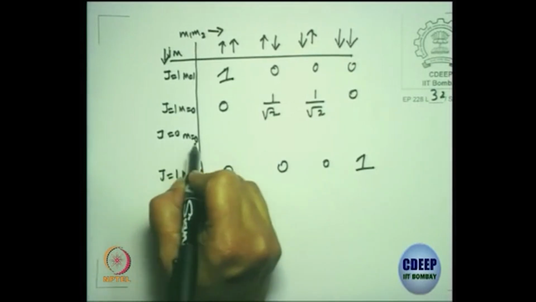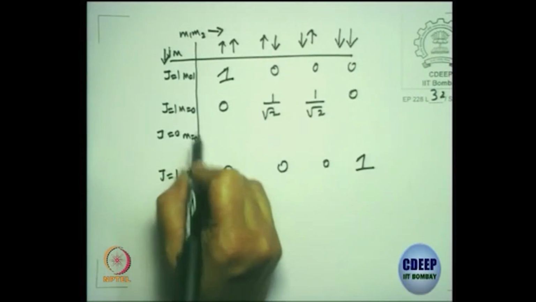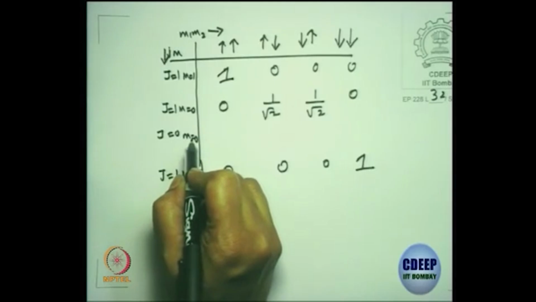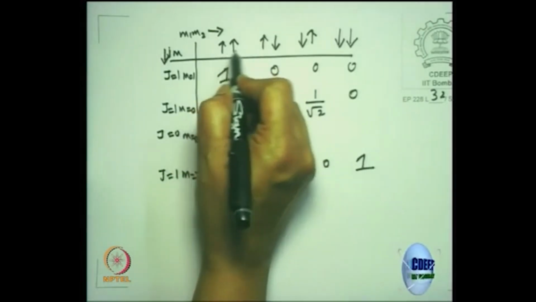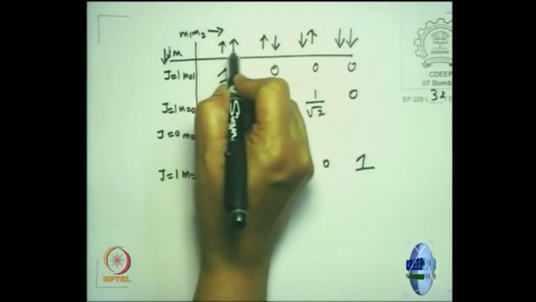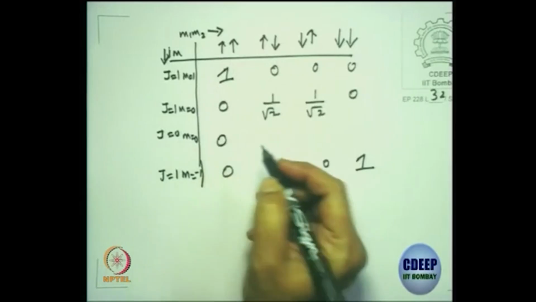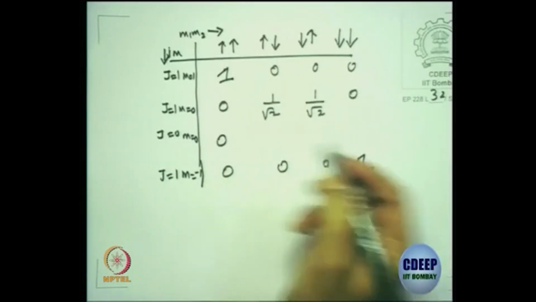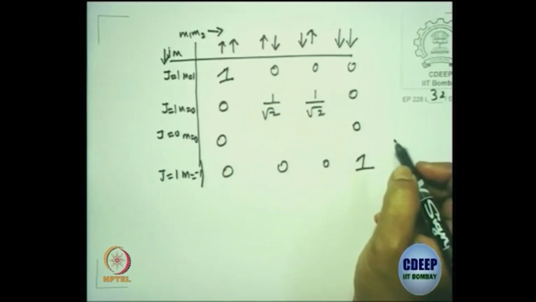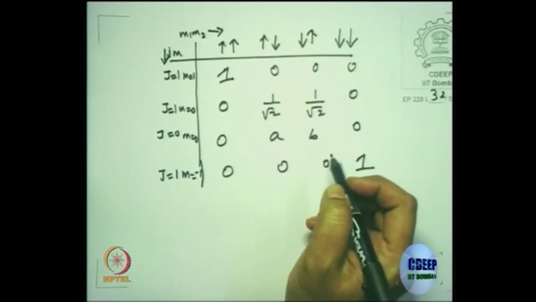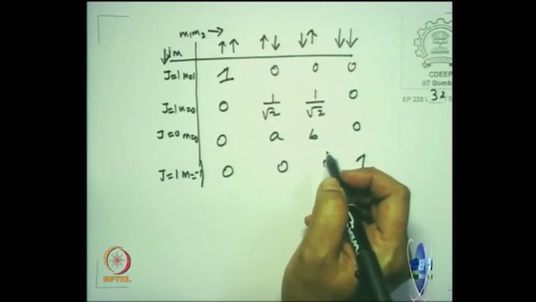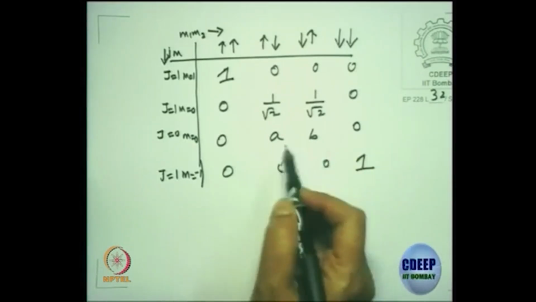What about j equal to 0, m equal to 0? I want m equal to 0. I cannot get m equal to 0 from both up, right? This is 0. You all agree? This is also 0. But these I can fix as a and b. How do I fix this a and b?